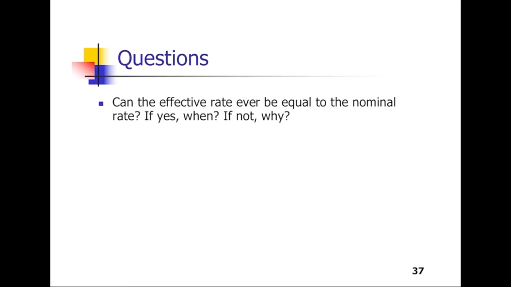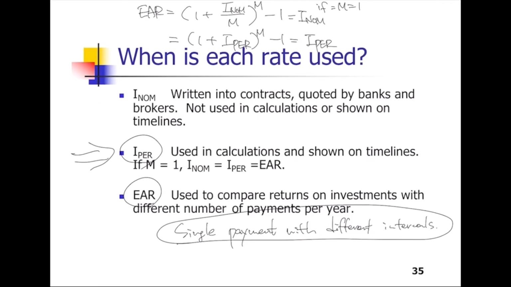I show some questions. Can the effective rate ever be equal to the nominal rate? If yes, when? Or if not, why? We already ran this part here, right? The EAR can be the same as the nominal rate and period rate when m equals 1.